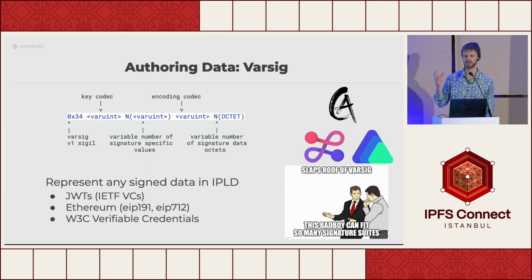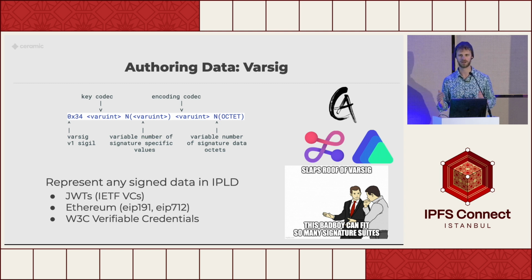Then it has an encoding codec, which tells you how to take the data and encode it as a byte string before you apply the signature validation algorithm. And then at the end, you have the actual signature bytes.